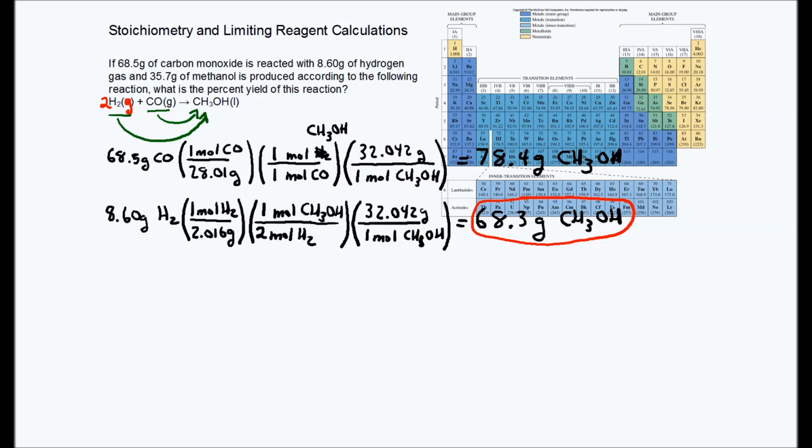And that's pretty normal. So to find percent yield, you take the actual yield. How much methanol did we actually produce? Well, that's 35.7 grams. We divide it by the theoretical yield, which you just found to be 68.3 grams, and I multiply that by 100 to get the percent.